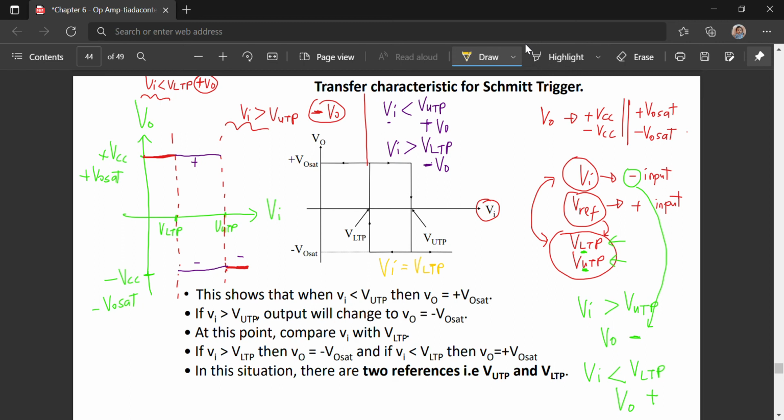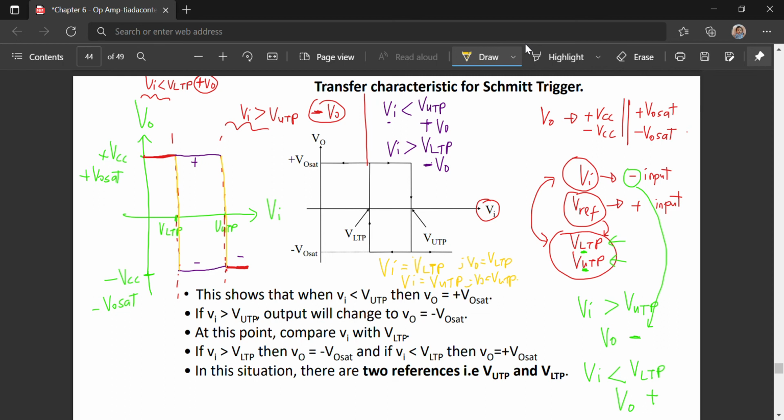And if VIN equals VUTP, of course you will have the value there too. So here you can get two values for your VOUT, either the VLTP or the VUTP value.